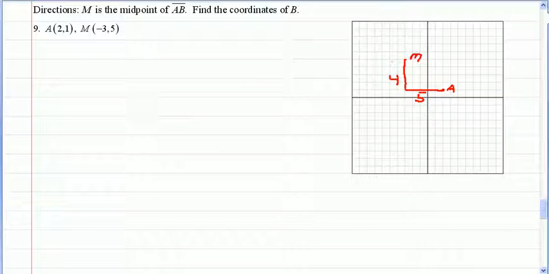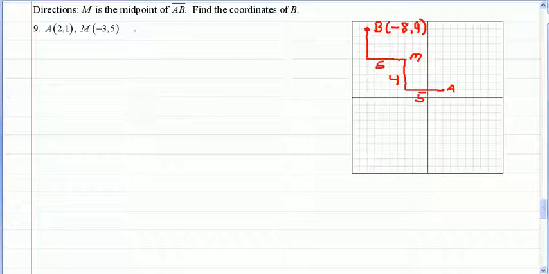So if I move the same two distances, horizontally 5 and vertically 4, I end up here, and that point is -8, 9. So I could see that the endpoint for point B is -8, 9, but now let's look at how to find that point if we didn't have a graph.